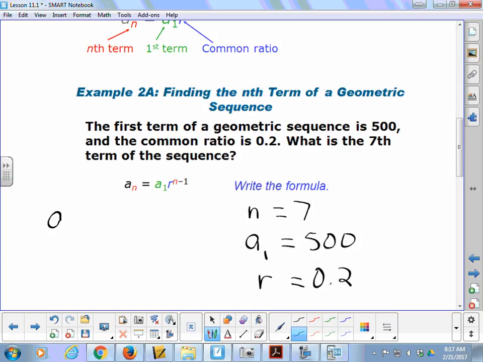So a sub 7 equals 500 times 0.2 to the power of 7 minus 1. Now, I would always put r in parentheses, because if r ever ends up being a negative number, that way you'll guarantee that you have a negative inside the parentheses. And then we can just go to the home screen of our calculator and type that in to find out what it would equal.